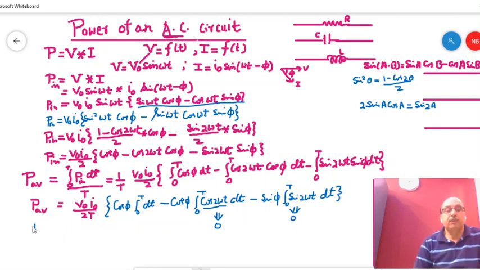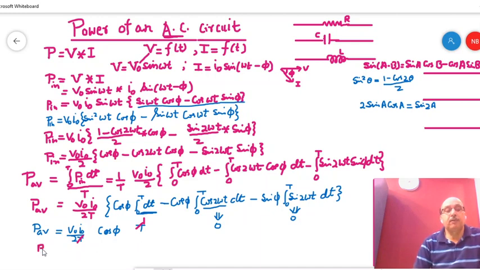Hence, P average will be equal to V naught I naught by 2T into cos phi, and integration of time for full cycle is T. Then we may cancel this T and this T. Then what we will get?